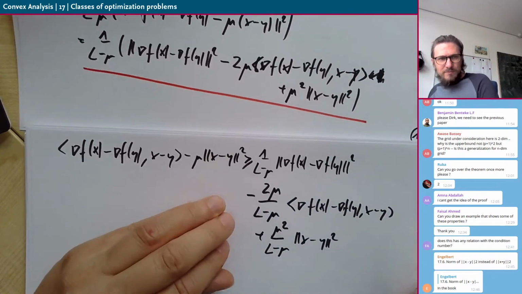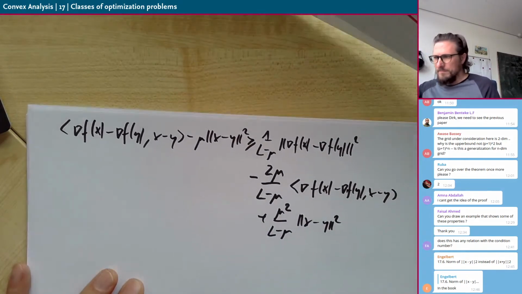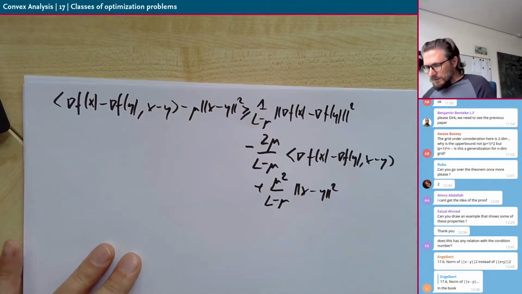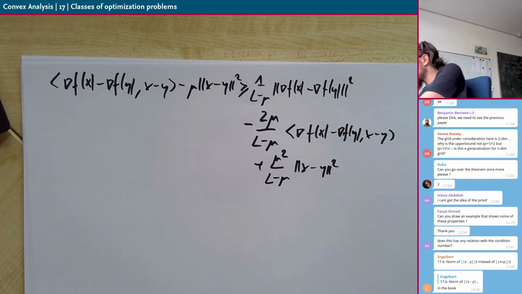Oops, I'm off screen here. So this is just everything we had on the previous page, now combined.